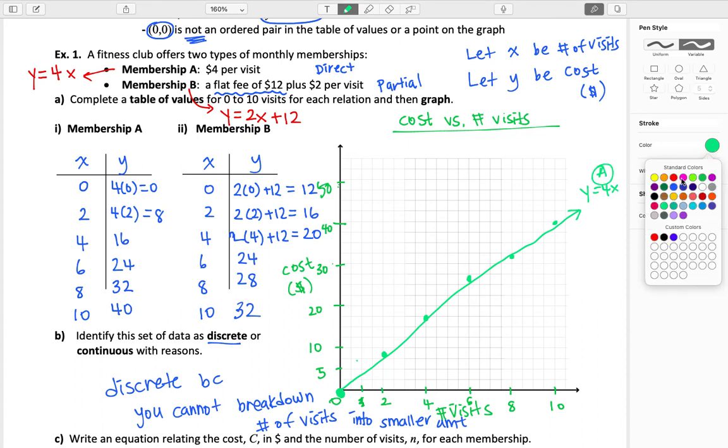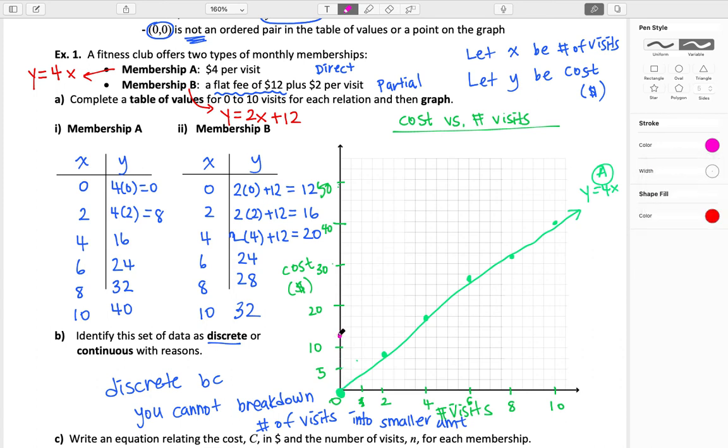For membership B, I will be using a pink color. So I'm starting from 12 here, not at 0, 0, and then when it's at 2, it's 16. 4 is at 20, and 6 is at 24, and then 8 is at 28, and 10 is at 32.